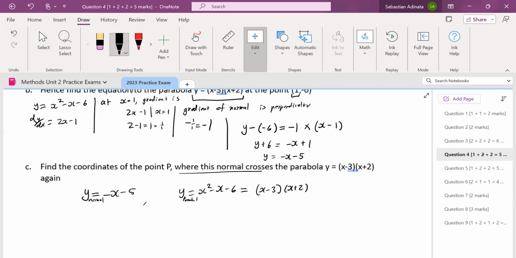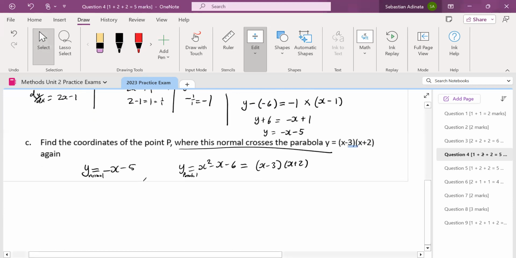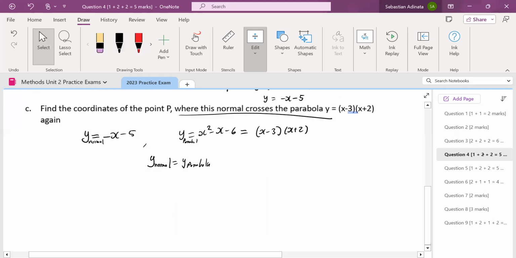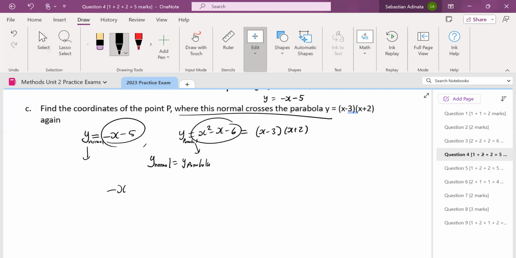What they're asking is where this normal crosses the parabola. It's basically saying, when does y normal equal y parabola? So that means we take this and equal each other. So we have minus x minus 5 equals x squared minus x minus 6.